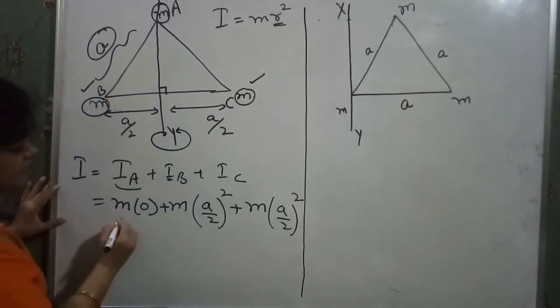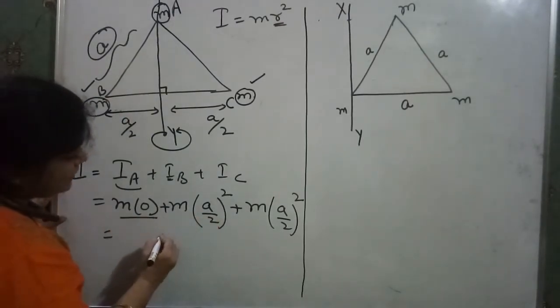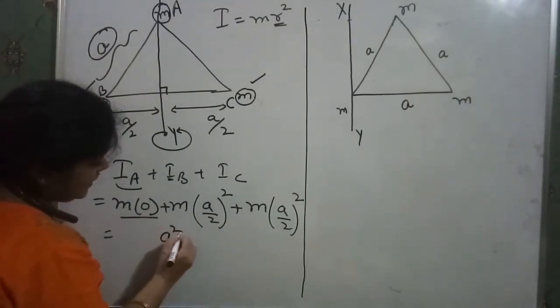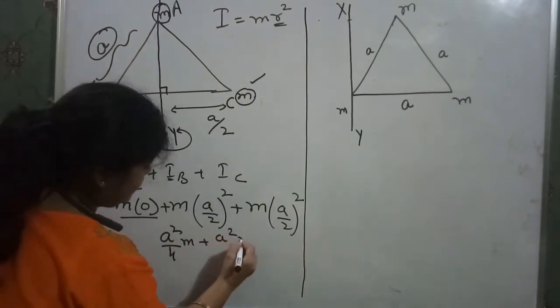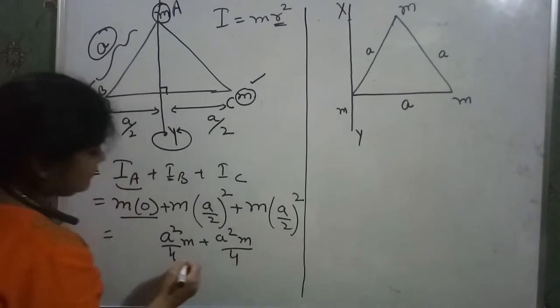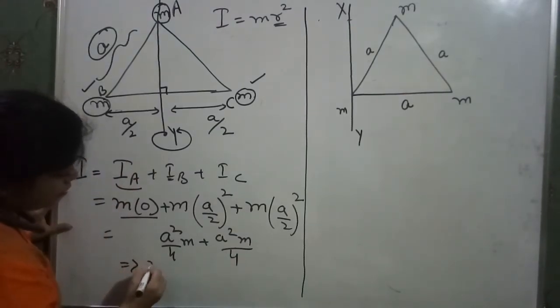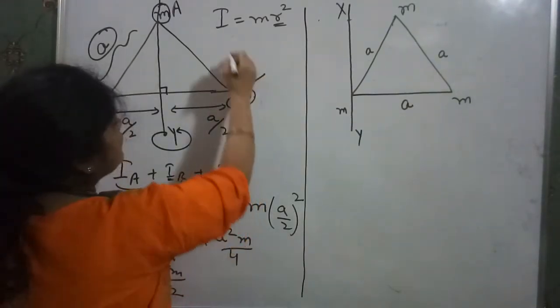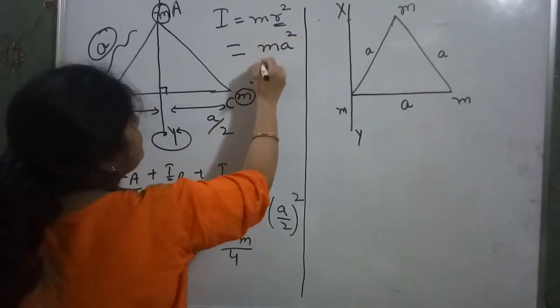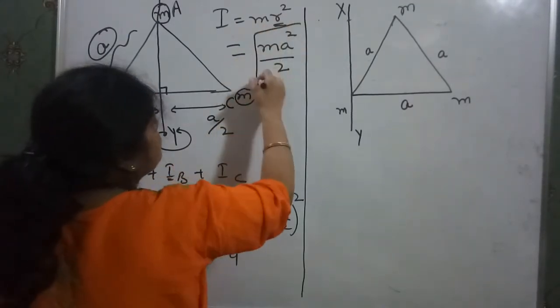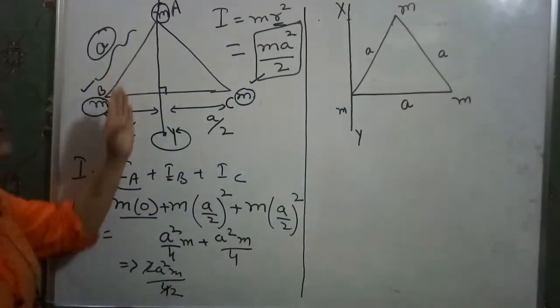This becomes 0, so we have a square by 4 m plus a square by 4 m. So we get 2a square m by 4, that means it gets cut down. So the total moment of inertia is ma square by 2 when the axis of rotation goes through the altitude of the triangle.